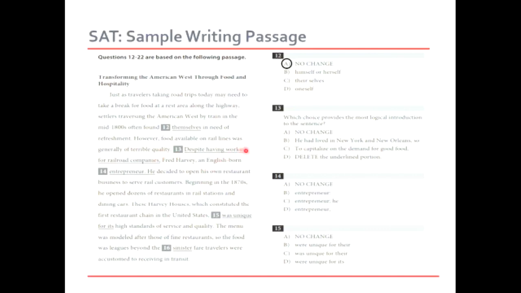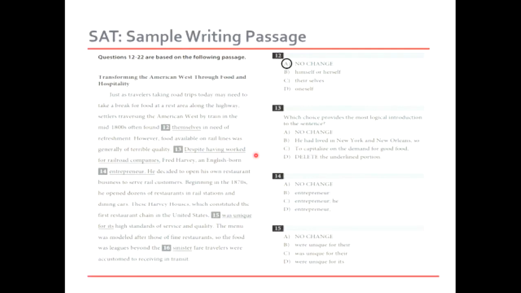It seems as if the author is really annoyed, and he is emphasizing how bad the quality of food was. He has used the word terrible to tell what kind of food it was. But the problem is that right in the next sentence, Fred Harvey is being named and introduced. So what exactly was Fred Harvey introduced for? That needs to be mentioned over here.